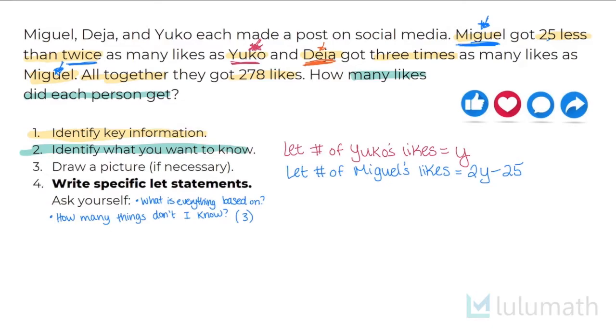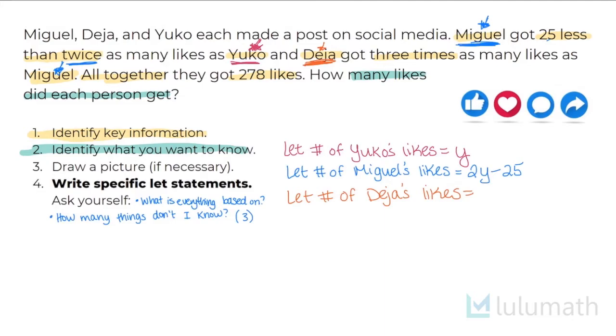Let's figure out Deja's let statement. So we're going to say let the number of Deja's likes. And it tells us here that Deja got 3 times as many likes as Miguel. Well, if Deja got 3 times as much as Miguel, and Miguel's is 2y minus 25, then I can take this 2y minus 25 and multiply it by 3.